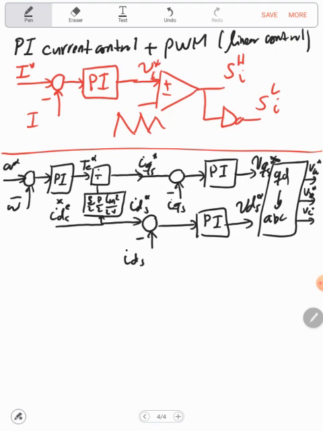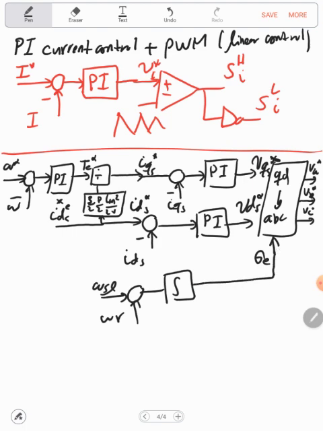Now here we need, of course, theta E, which can be calculated from the IDS and IQS, where we can calculate omega slip. Then we will add it to omega R. Then we can integrate it here, and this will be the theta. And you know that omega slip is equal to 1 over tau R, IQS star over IDS star.